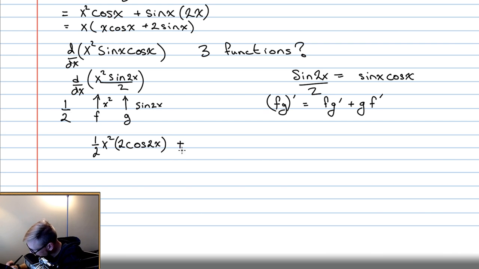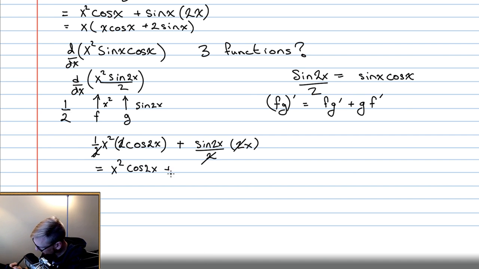And then plus g. g is sine 2x over 2. And f prime, derivative of x squared, is 2x. Oh, look at this. 2 cancels there. This 2 cancels there. We are left with x squared cosine of 2x plus x sine of 2x.